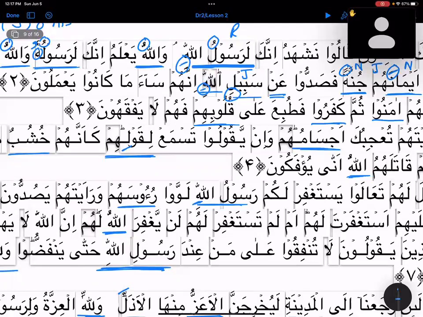Fatubi'a, so Allah subhanahu wa ta'ala is saying that the seal was put. Ala is again the word that is going to make the next ism jar, so that's why we see qulubi. Okay, so what status is qulubi? Jar. And then qulubihim, what is the translation?